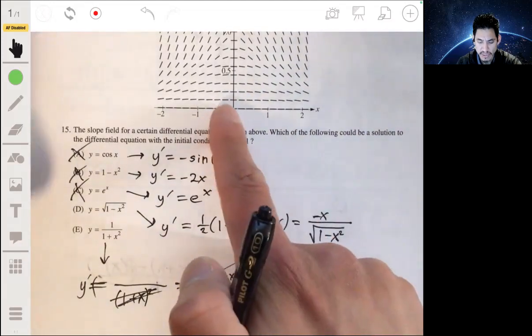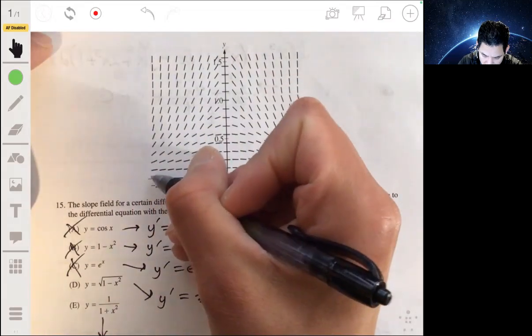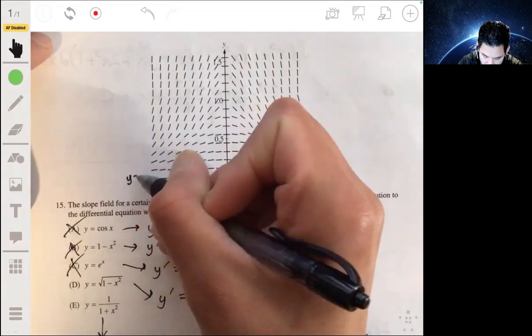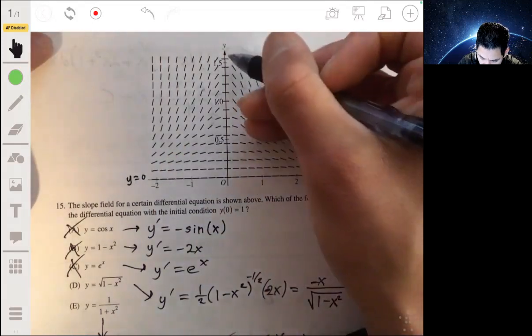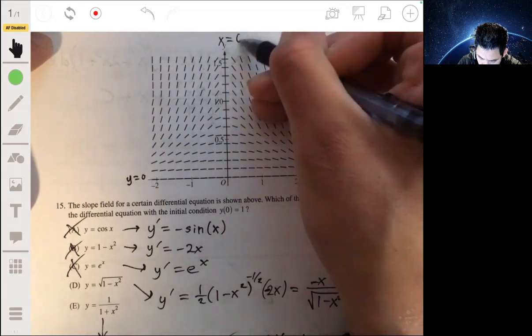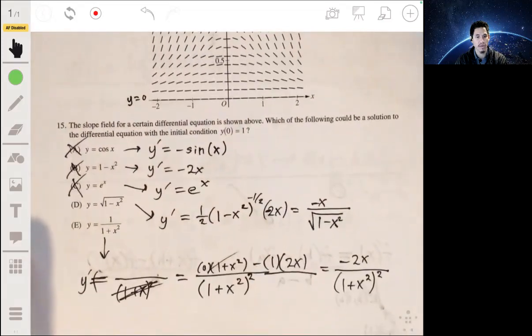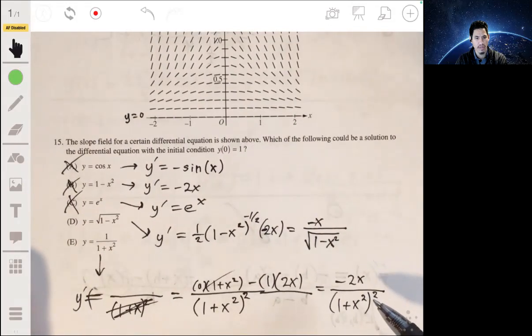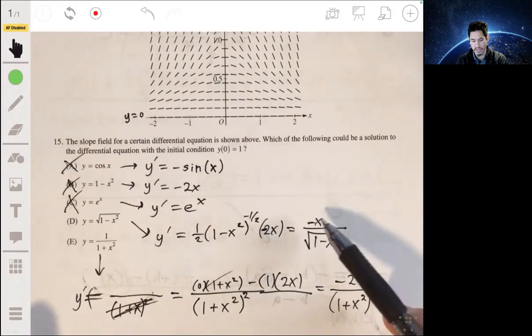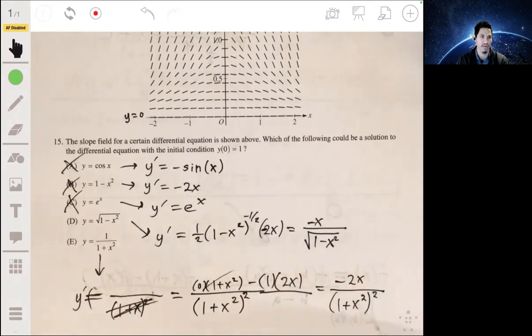And some key points you can study is to look at when the slope field is 0. And the slope field is 0 here when y is 0. And it's 0 all along this line when x is 0. Now, that won't really help because when you plug in 0 for x, they both give you 0.